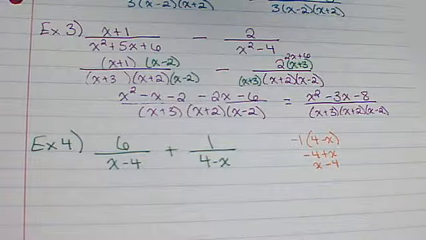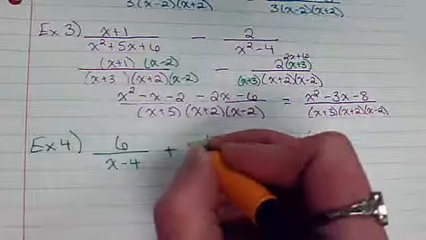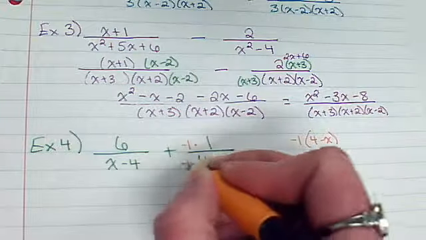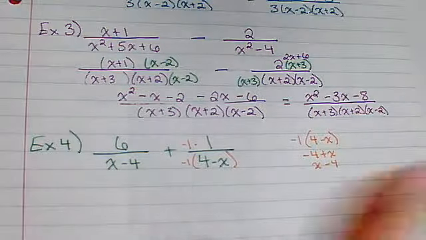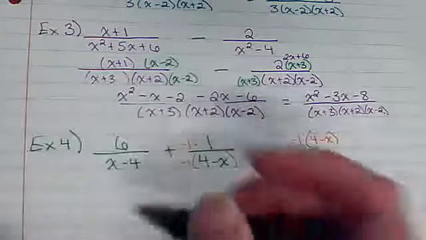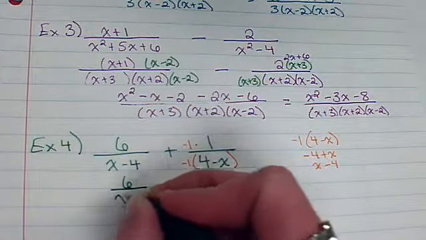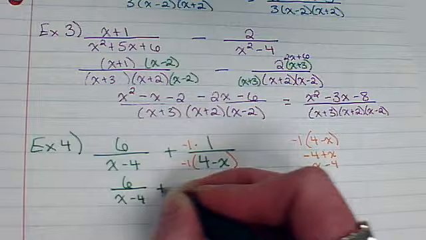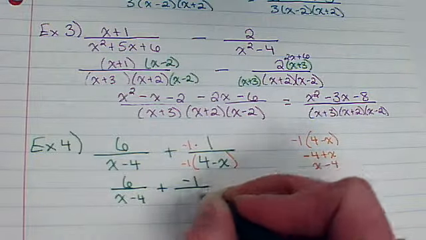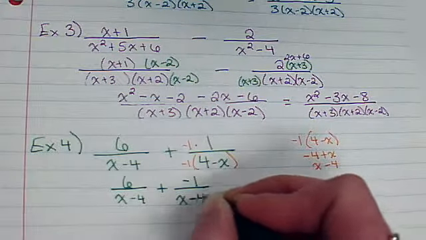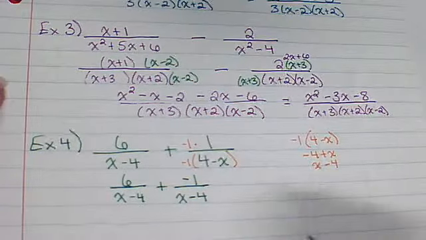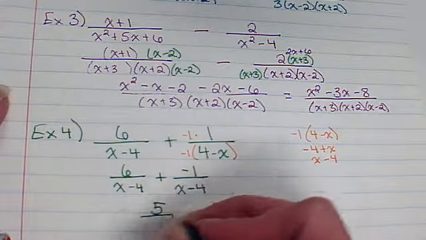So there's that little trick that'll reverse a binomial. If I multiply the top by negative 1 and the bottom by negative 1, I'm going to reverse that binomial. The first one's still 6 over x minus 4, but now this one is negative 1 over x minus 4. And now we have a common denominator, so we can just add our fractions.